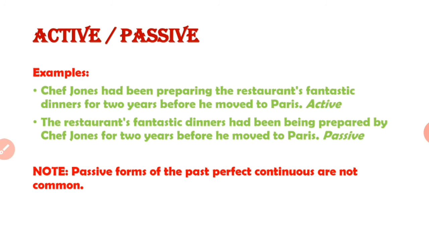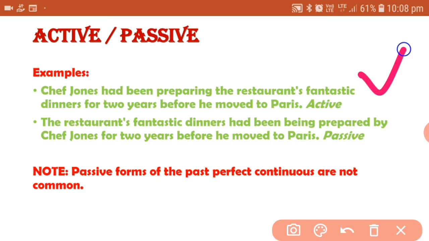Chef Jones had been preparing the restaurant's fantastic dinners for 2 years before he moved to Paris. This one is the active sentence. You can check here is used past perfect continuous tense and the passive of it. The restaurant's fantastic dinners had been being prepared by Chef Jones for 2 years before he moved to Paris. Here you can check there is no mistake in this sentence, but it's not common.